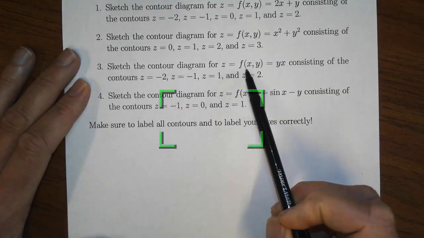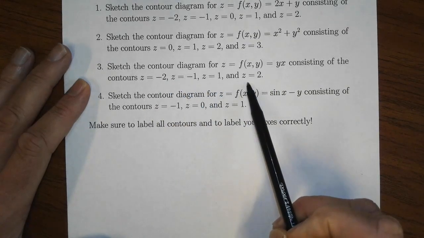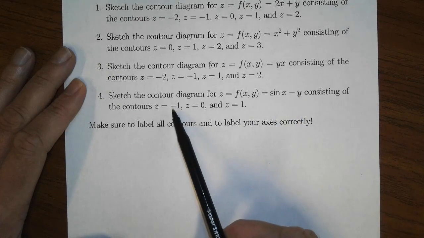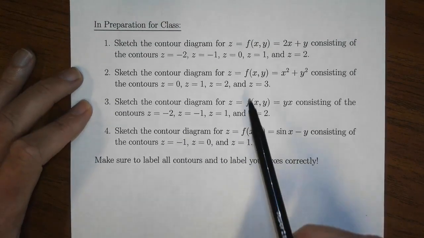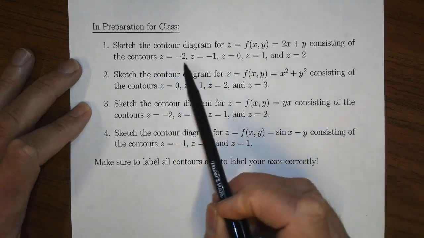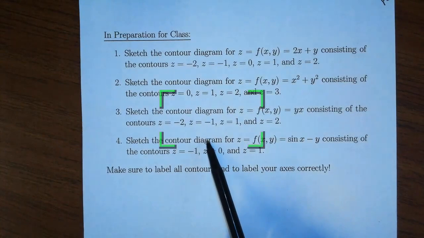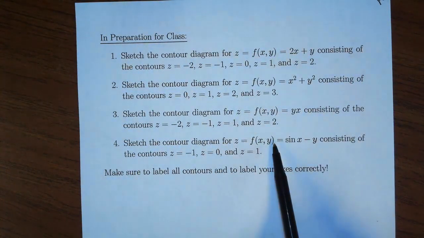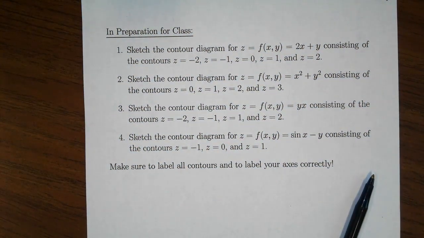Sketch the contour diagram for f of xy equals yx consisting of these contours. And the same thing now using sine of x minus y consisting of these three contours. Now I should point out that for number 2, you're going to have circles. But for numbers 1, 3, and 4, when you graph each contour, you should be able to solve for y. So do this in preparation for the next class.